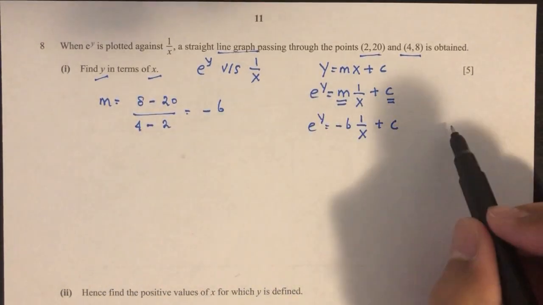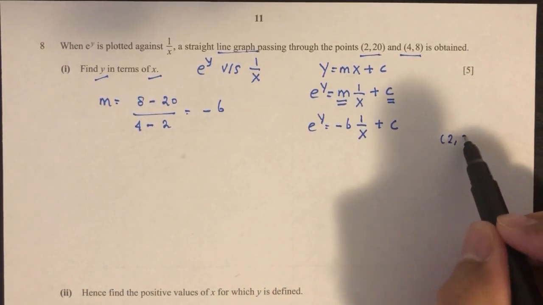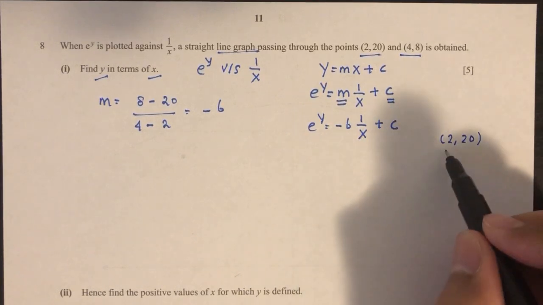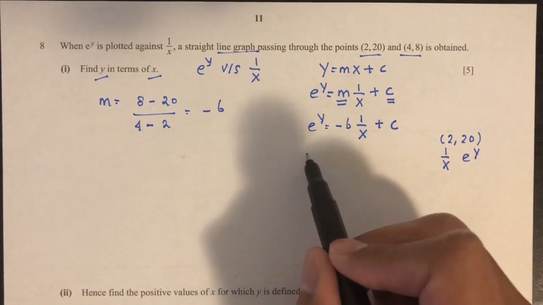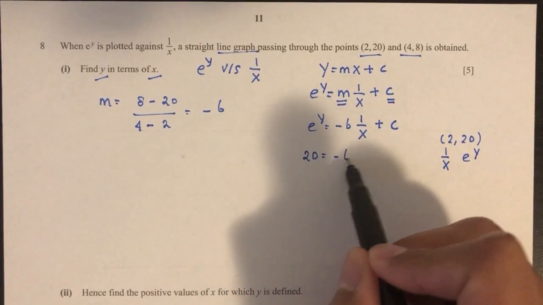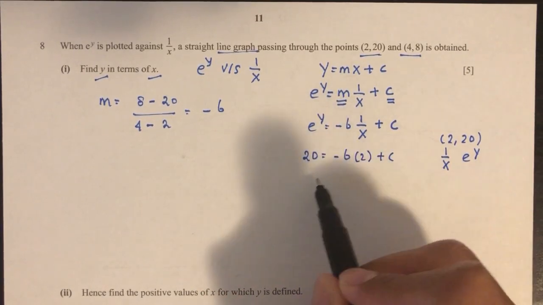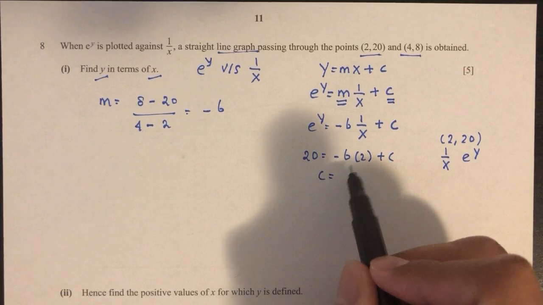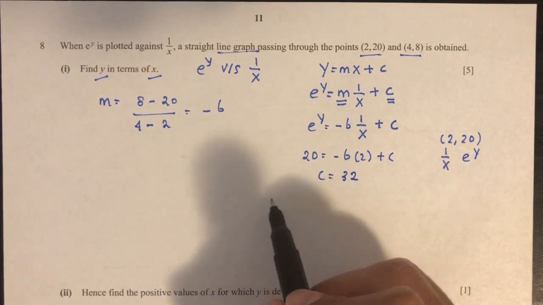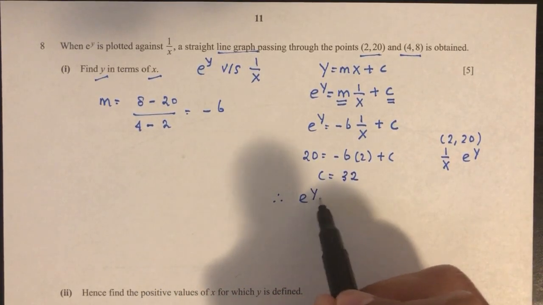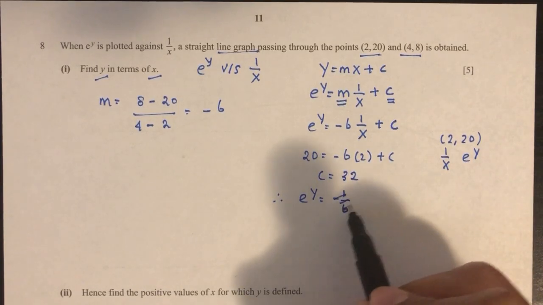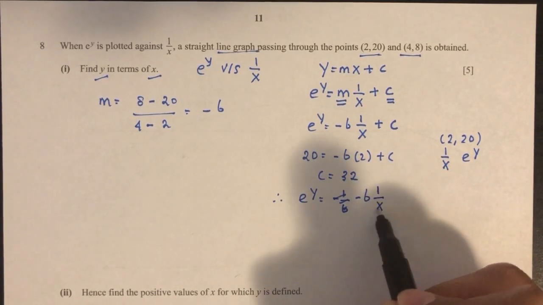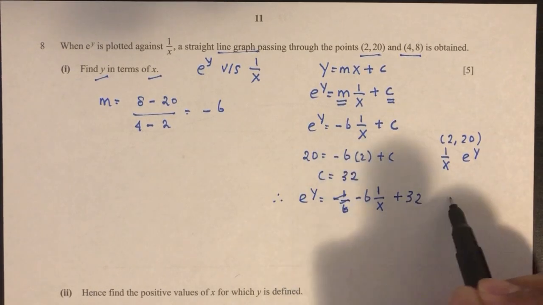Let's use a point, say the point (2, 20). This will be 1 over x, and this is e^y. So e^y is 20, 1 over x is 2, plus c. C will be 20 plus 12, which is 32. So that will be e^y equals minus 6 times 1 over x plus 32.